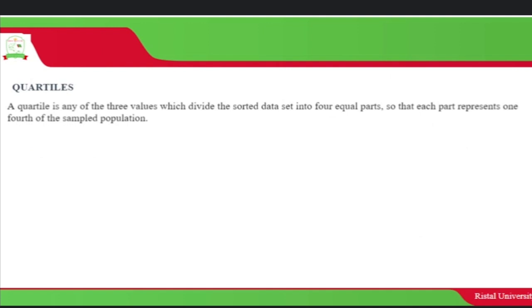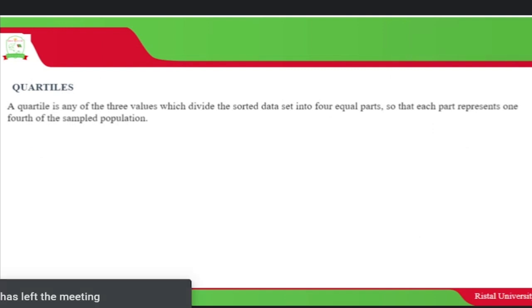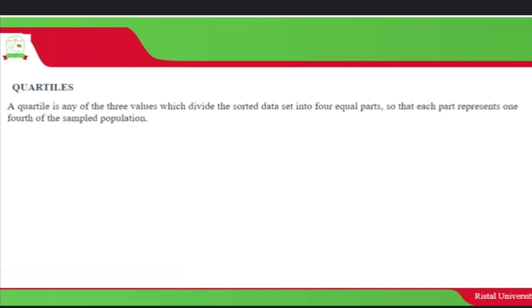Moving on to the quartiles. What is a quartile? It is any of the three values which divide the sorted data set into 4 equal parts, so that each part represents 1/4 of the sampled population.